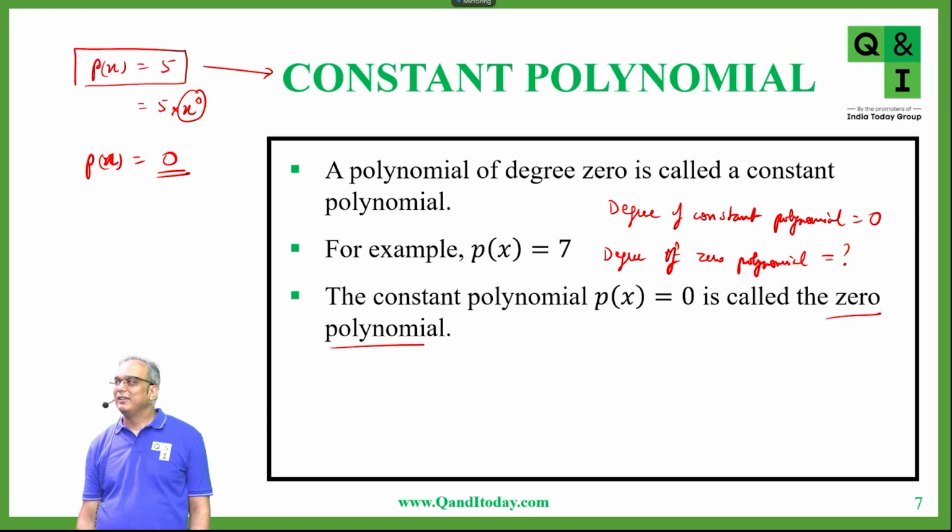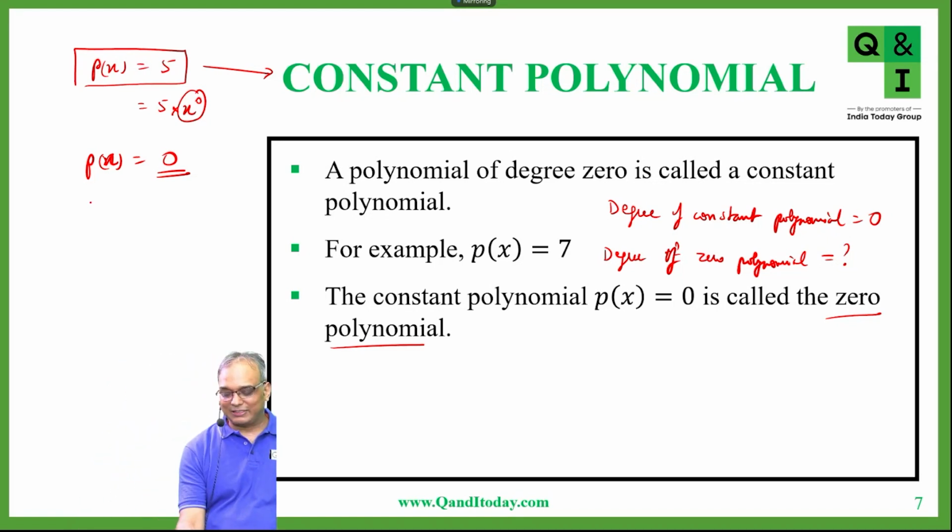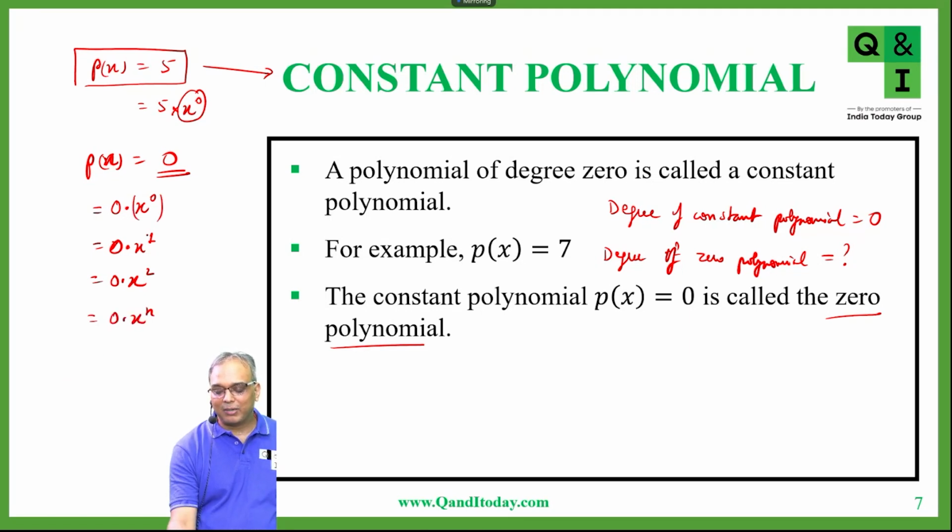Okay. Let me again ask some questions. So p(x) is equal to 0. Now 0 can be written as 0 into x to the power 0. This can also be written as 0 into x to the power 1, or 0 into x to the power 2, or in fact 0 into x to the power n, because 0 multiplied with any power of x will be equal to 0 only.